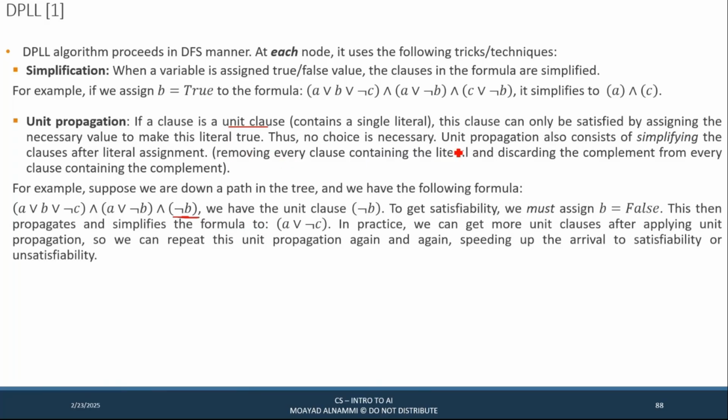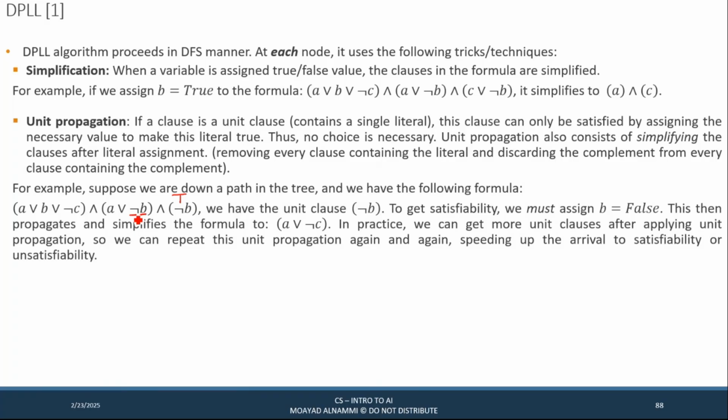And then after you do unit propagation, you also have an opportunity to simplify the remainder formula, where that is, remove every clause containing the literal and discard the complement from every clause containing the complement, just as we did here. As an example, look at this formula. We know this is a unit clause, not B. We must assign B equals false to get satisfiability. After doing so, once we assign B equals false, this becomes true.